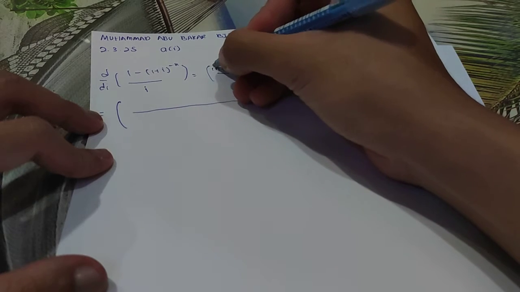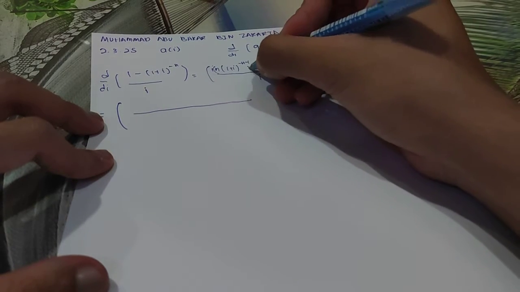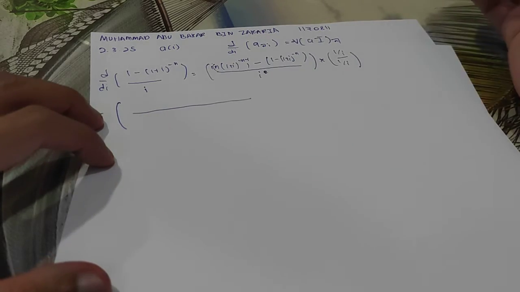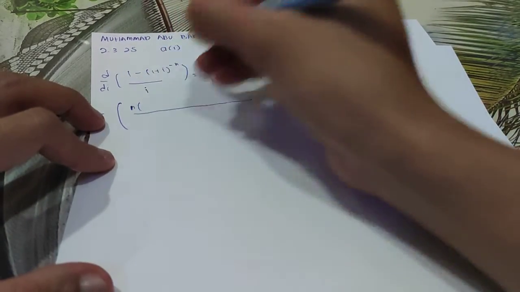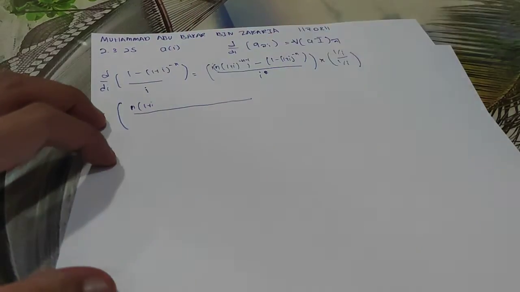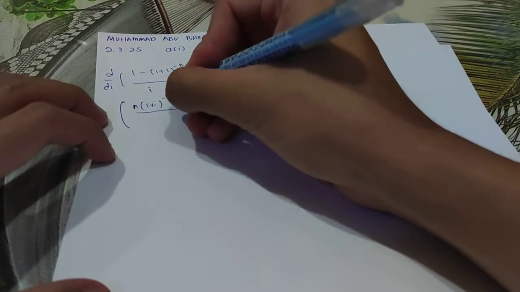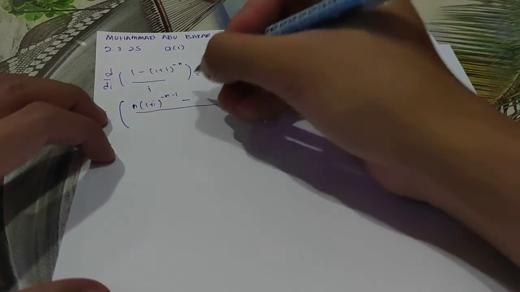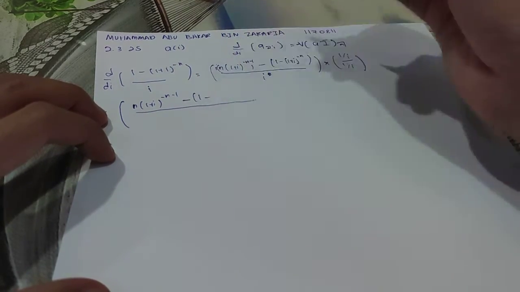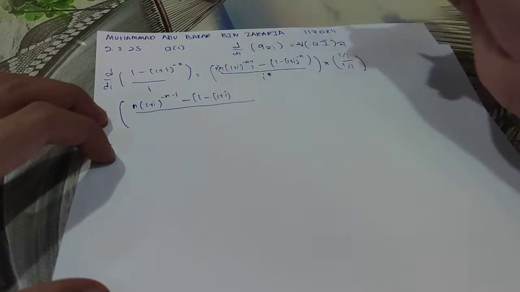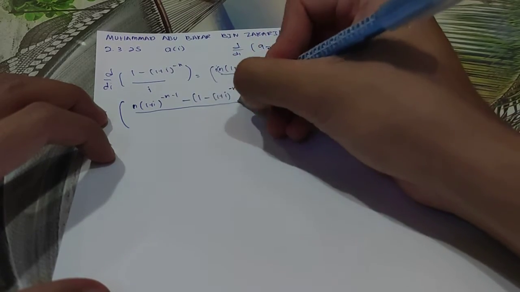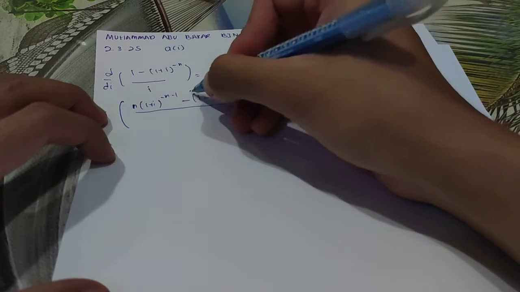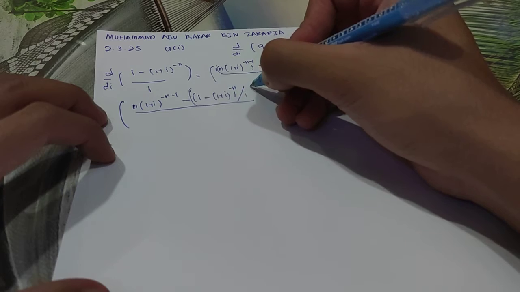There is i in this equation, so we will get 1 minus (1 plus i) to the power of n, divided by i.